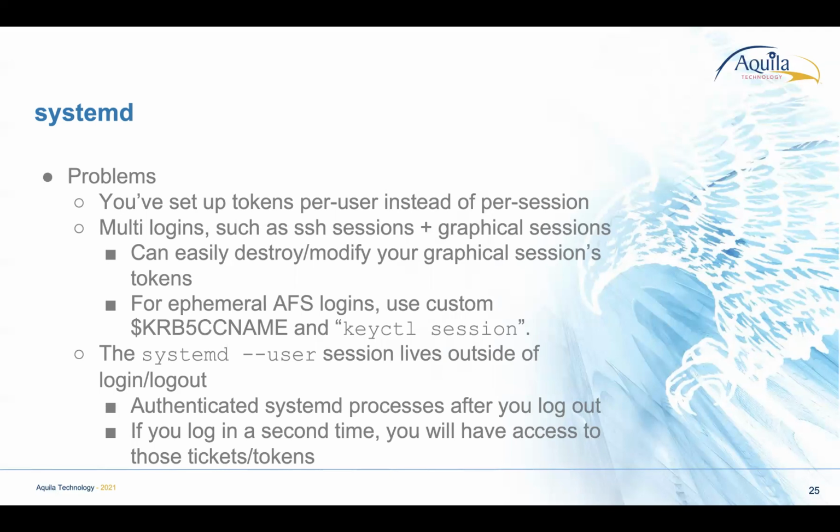This is possible if, for example, you want to be able to become an AFS admin while you're logged into the graphical console. You have to be very careful not to destroy the tokens for your GNOME session. When you do that, I suggest using an ephemeral KRB5CCNAME and also use the keyctl session. The keyctl session is something that you'd want to do if you are using kAFS. Obviously, if you're using OpenAFS, you should use pagsh.